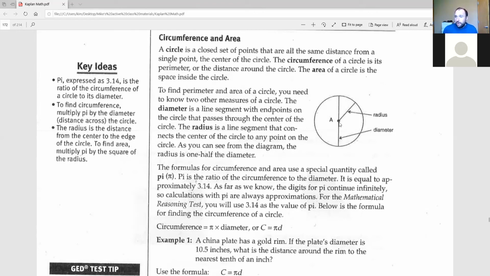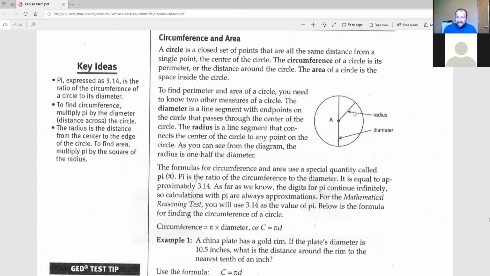So the easy way to remember it is the diameter is always going to be twice as long as the radius. Radius is always going to be half as long as the diameter, right? So if the radius is 2, the diameter of a circle is 4, right? If the diameter of a circle is 10, the radius is 5, okay?